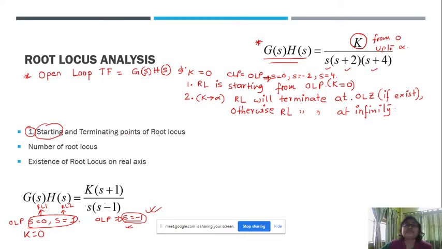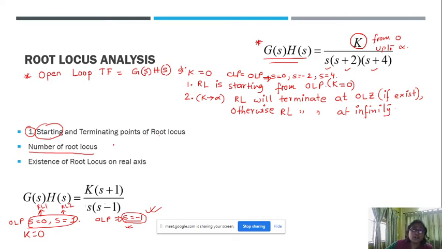Okay? The next point is the number of root locus branches. As I have explained while discussing the first point, the number of root locus branches depends on the number of open loop poles or open loop zeros, whichever is greater. So, how many root locus branches will be there?